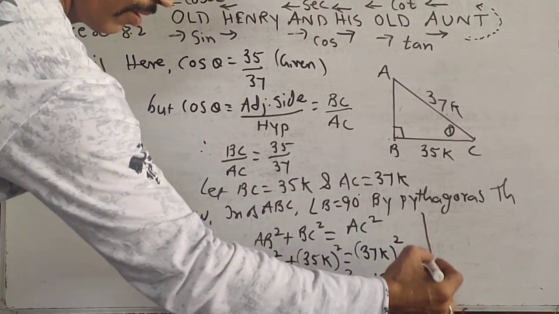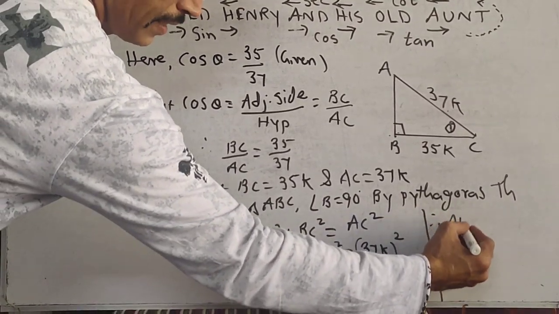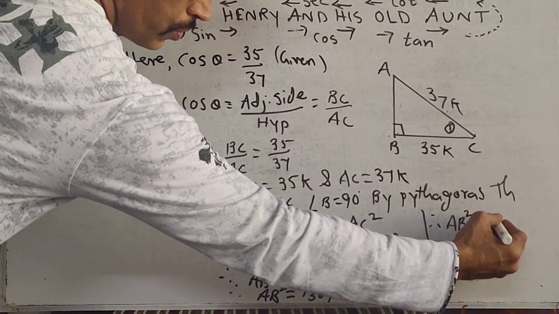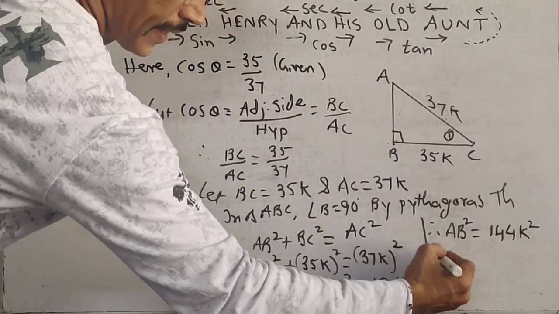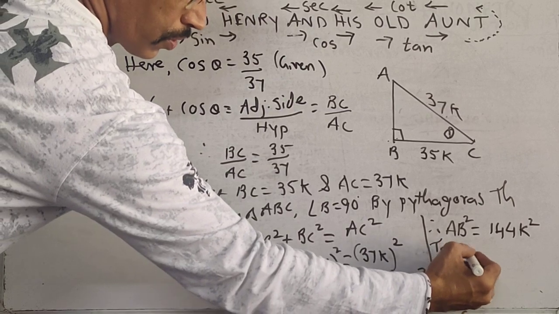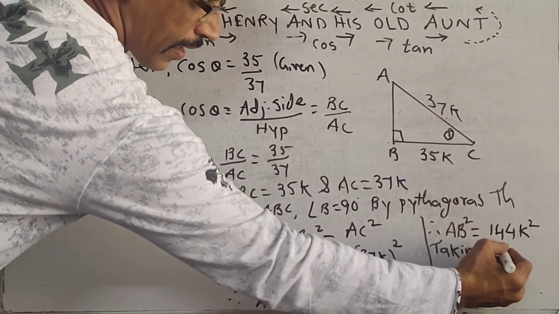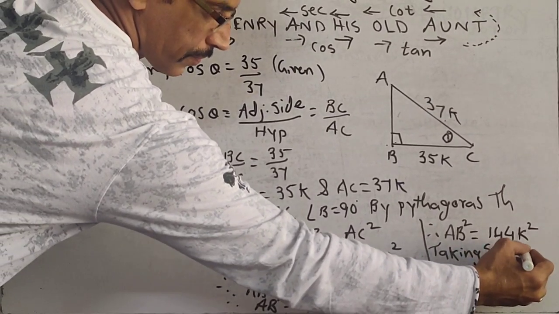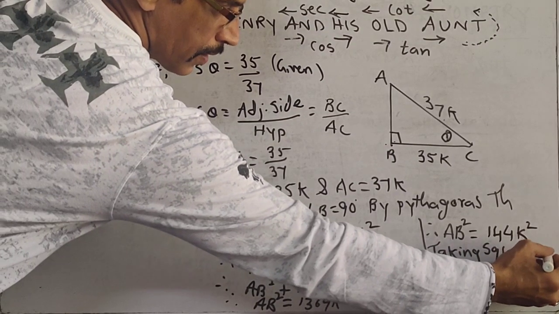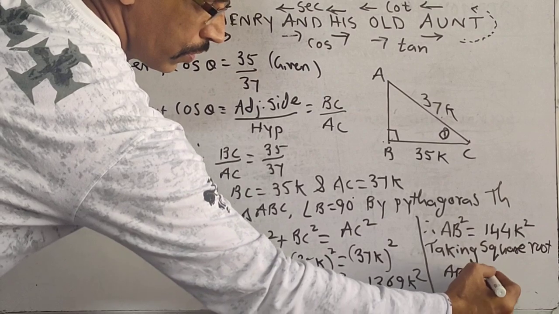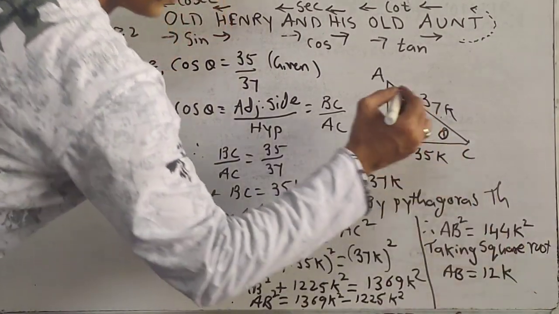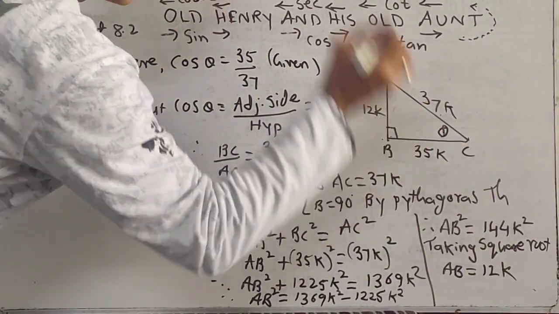So you will get AB square is equal to 144 k square. Taking square root, you will get AB is equal to 12k. So you got this 12k.